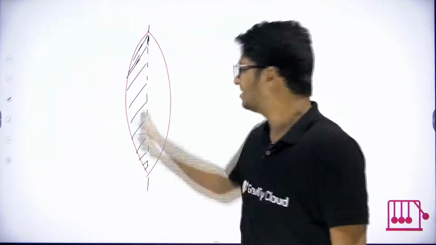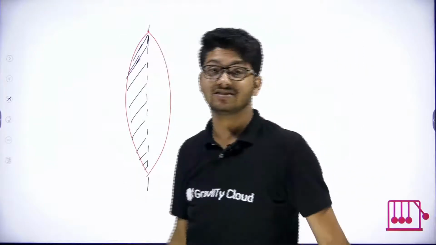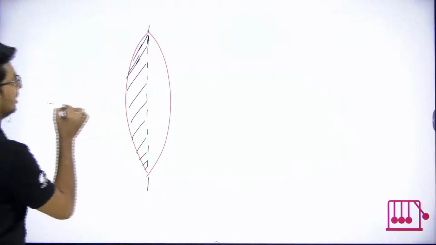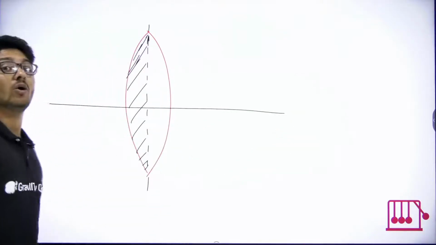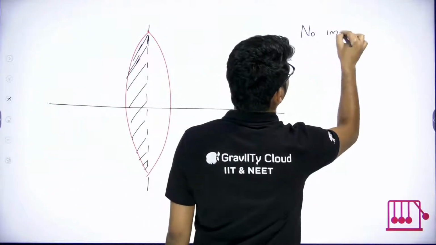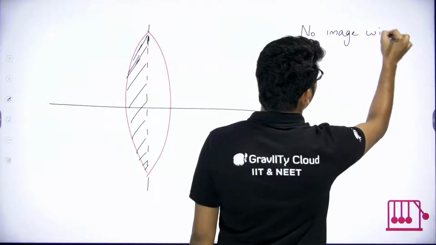Let's say I am covering this half of the lens. And then, interestingly, no image will be formed.